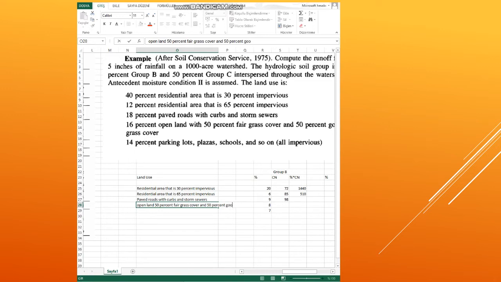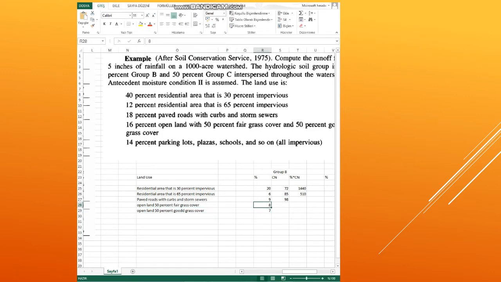So first of all, fair grass cover. Then we can go here, again open land, but instead of fair right now we need to write good cover, because it's too different.